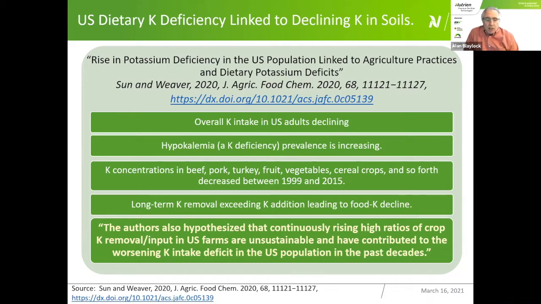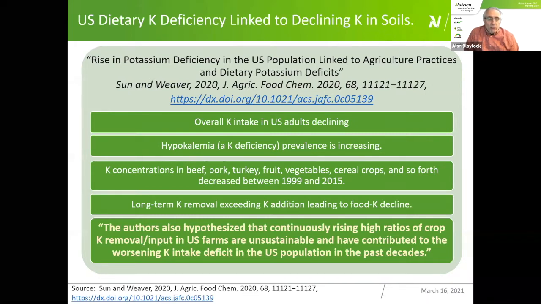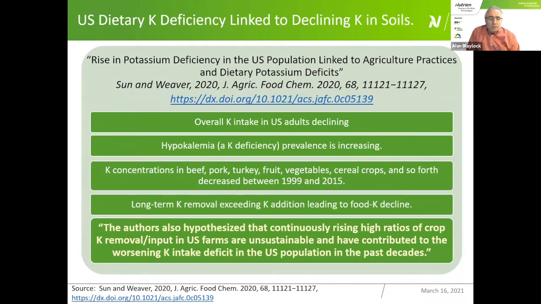They hypothesized that continuously rising high ratios of crop removal to input, so in other words, higher yields removing more potassium in relation to the input on US farms, are unsustainable and have contributed to worsening K intake in the US population. So it was a very interesting paper, particularly in regard to our topic today. We're going to talk about some of these soil test trends and what they might mean for us.